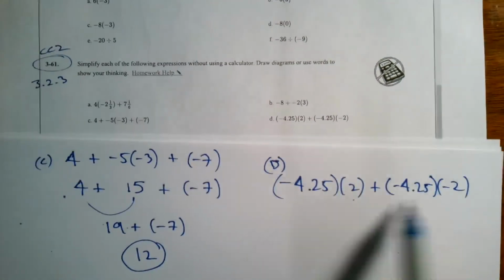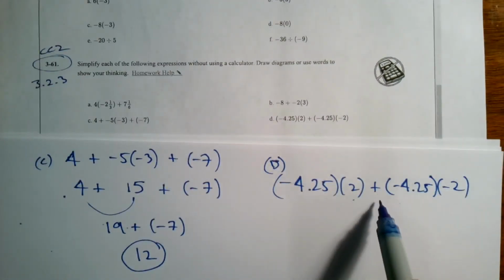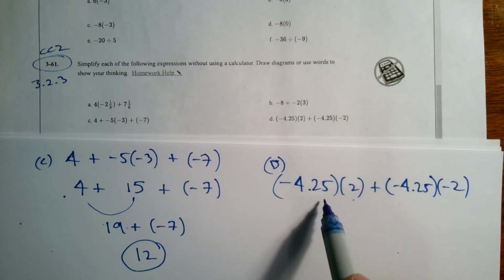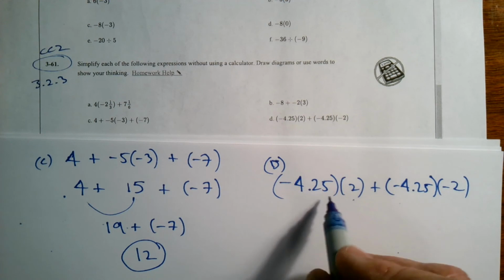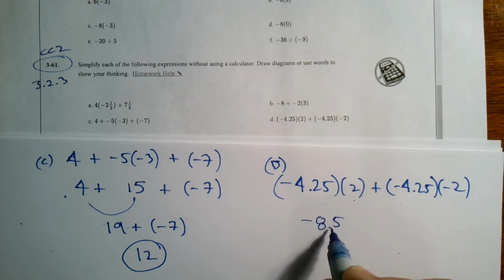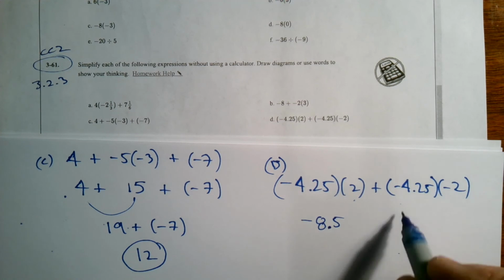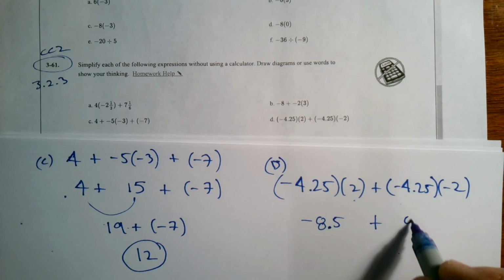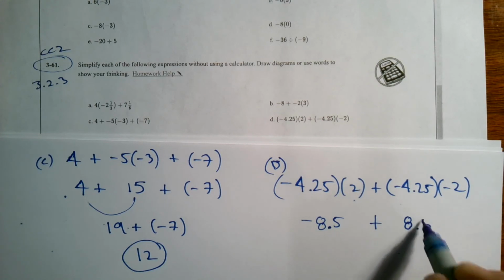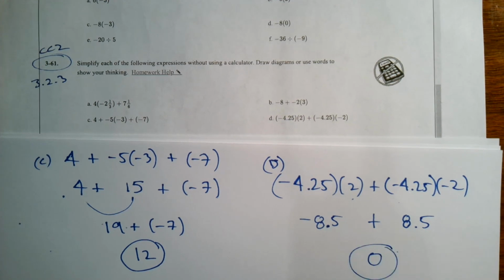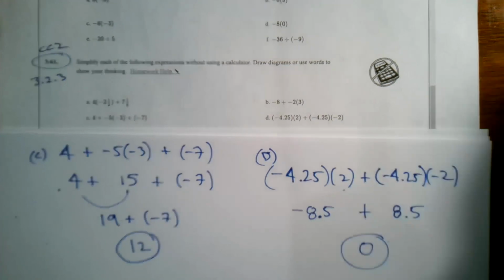I have multiplication and addition, so I'll do the multiplication first. 2 times -4 and 25/100 turns out to be -8.5. And then over here, a negative times a negative becomes a positive, again 8.5. Now I have -8.5 and a positive 8.5, and I'm adding them, so my final answer is 0. All right, there you go.